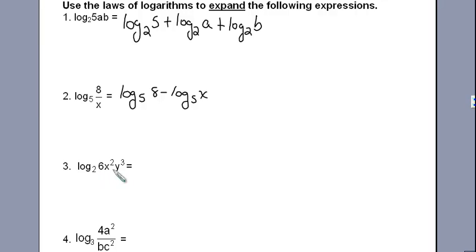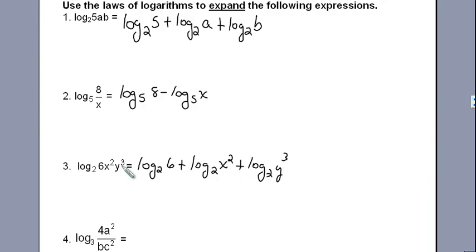Number 3, we've got products: 6 times x squared times y cubed. Two of those things that are multiplied together have exponents on them. So first we can expand it: log base 2 of 6 plus log base 2 of x squared plus log base 2 of y cubed.